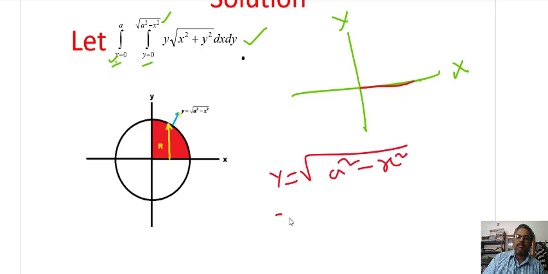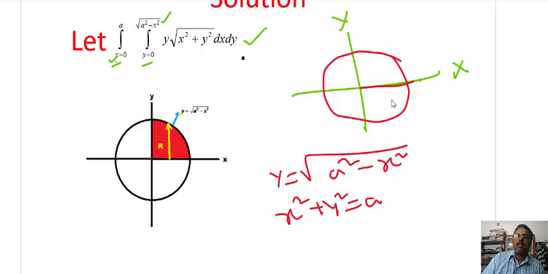Squaring on both sides, what happened? x square plus y square equals a square. It represents a circle. Now what about our limits? y is 0 to this circular curve, y equals root over a square minus x square.